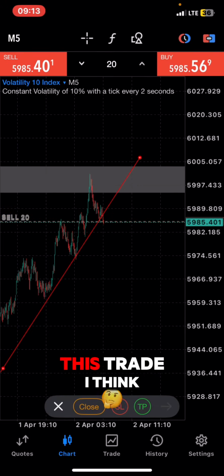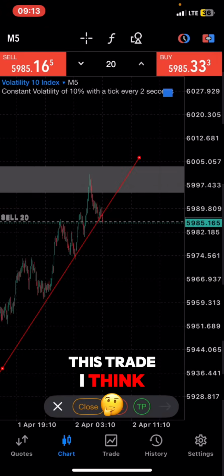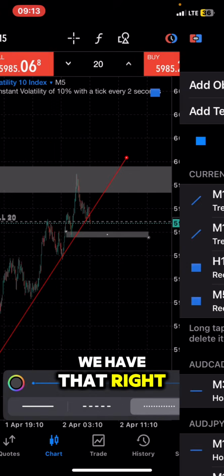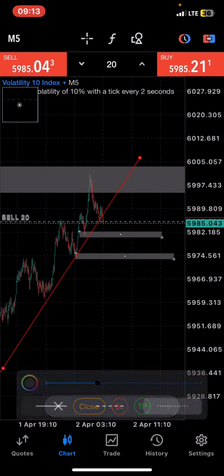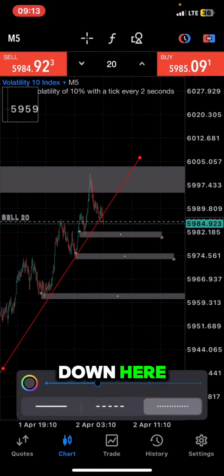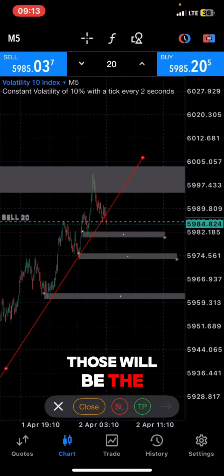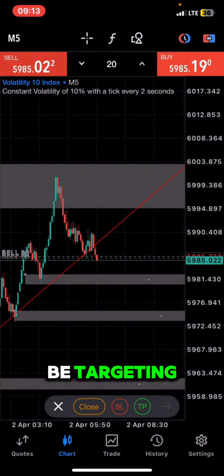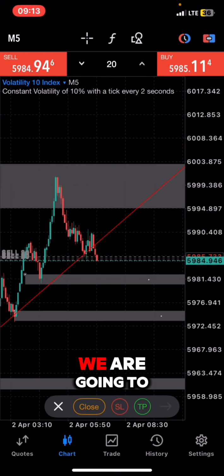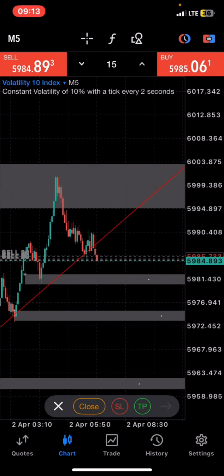I really believe in this trade. I think we have a lot of levels. We have that right over there. We have this over here. And we have this down here. Those will be the targets that I'm going to be targeting. We are going to be going full margin.